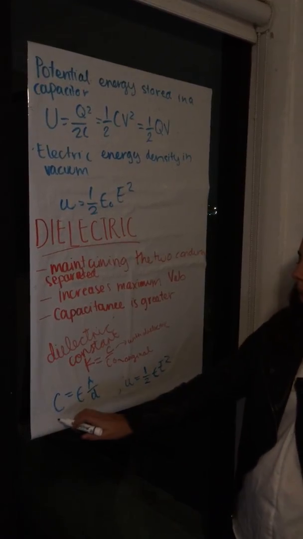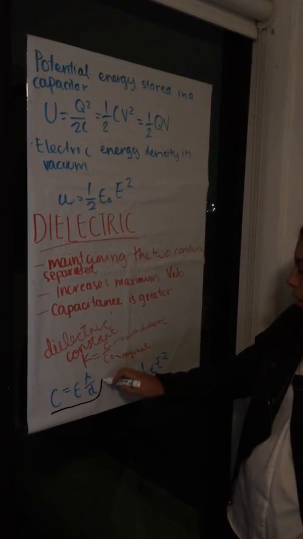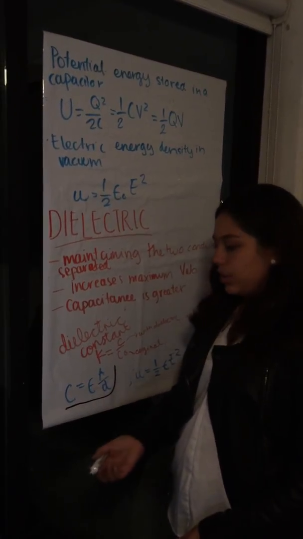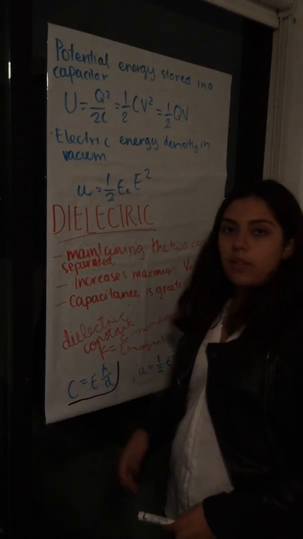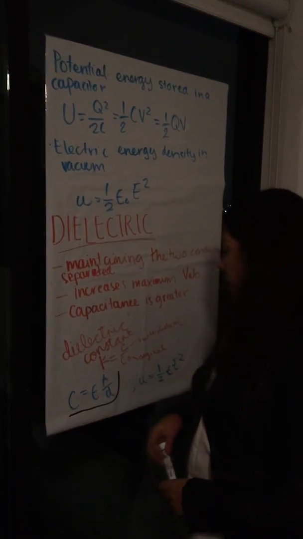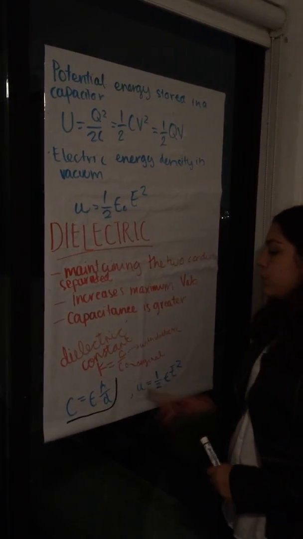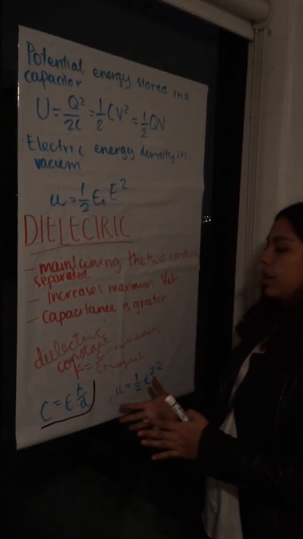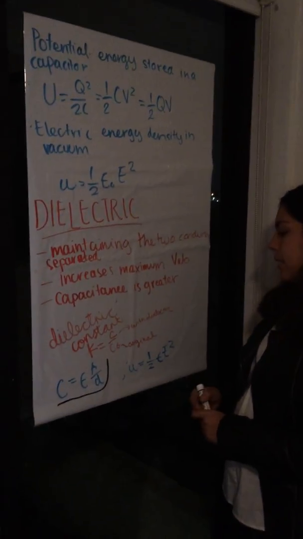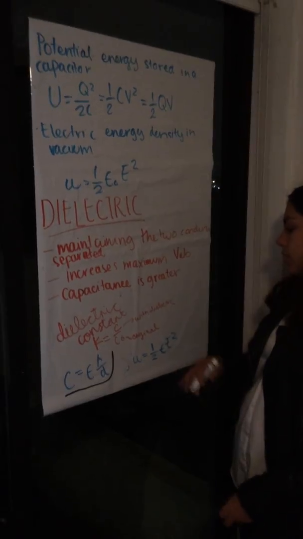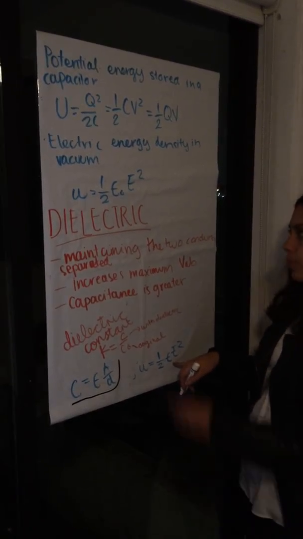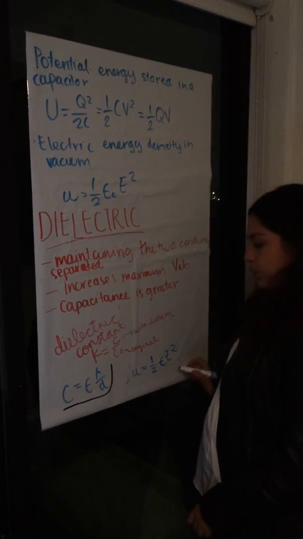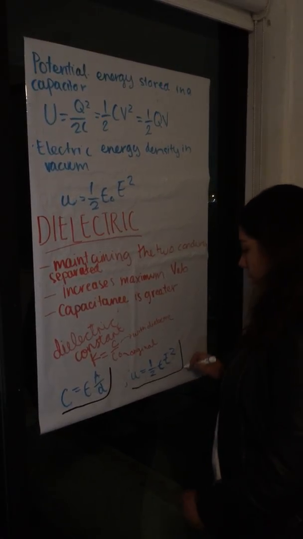We can obtain it by this formula, that it's the permittivity of the dielectric times the area over the distance of the plate. And we also need to know that the electric energy density in the case of the dielectric is given by the permittivity of the dielectric times the electric field squared over 2, that is given by this formula.